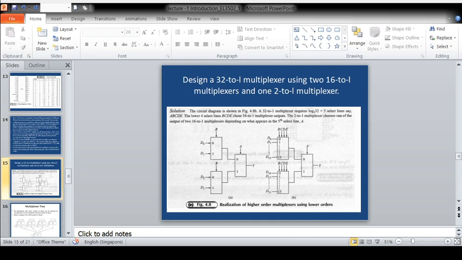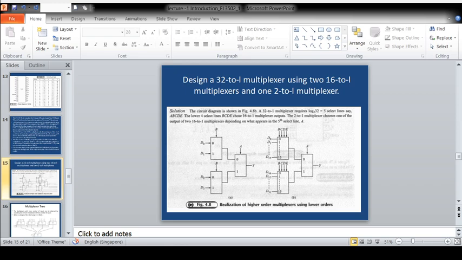For the 2 to 1 multiplexer, your BCD is changing from 0, 0, 0 to 1, 1, 1. At that time, if A is equal to 0, D0 to D15 is going to be selected. And when A is 1, then again from 0, 0, 0 to 1, 1, 1, that is from D16 to D31, the remaining data is going to be selected.